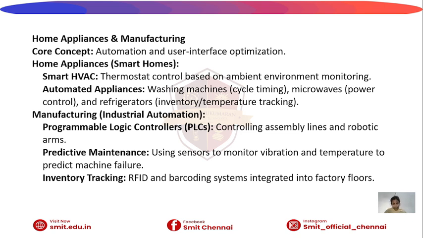Next is predictive maintenance, using sensors to monitor vibration and temperature to predict machine failure. This is very important. There is also inventory tracking, with RFID, radio frequency identification, and barcoding systems integrated into factory flows. These are applications of smart sensors.